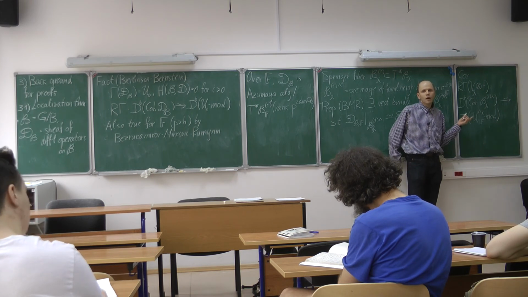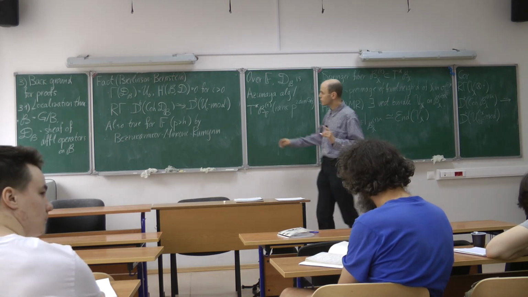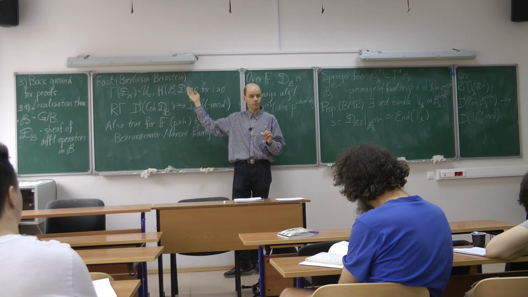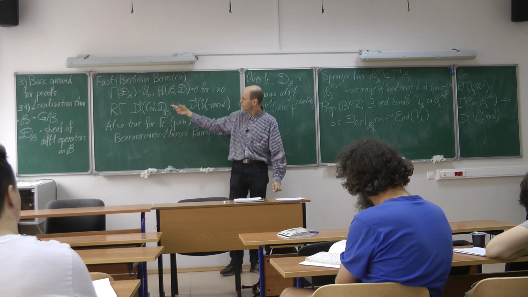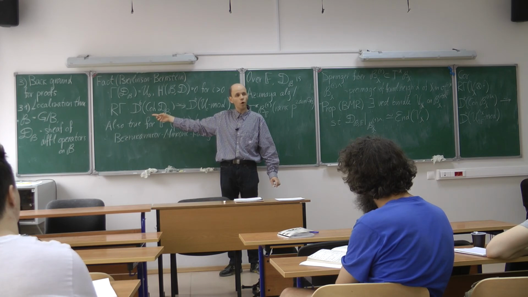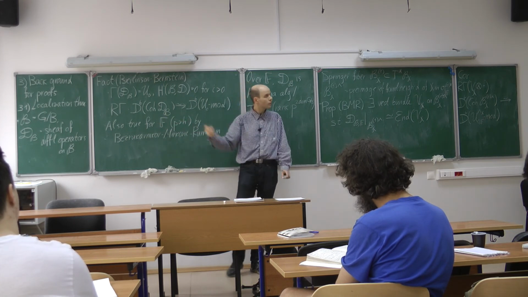Now let me make a couple of remarks about this. So these results here have a bunch of ramifications. For example, there is a version of this theorem where instead of honest central character, you work with generalized central character, generalized Harish-Chandra central character. That's sort of important.